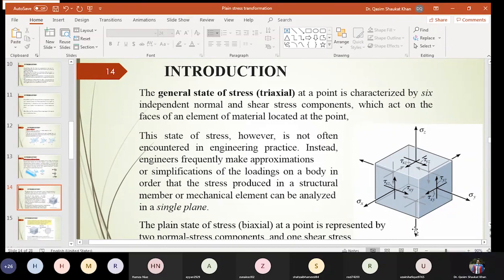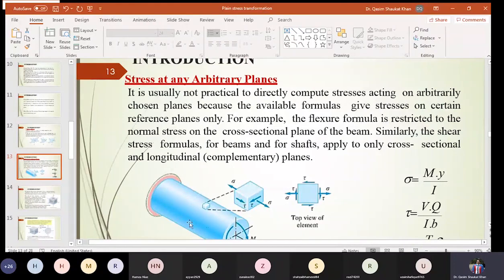Now these stresses on three faces are reduced to three normal stresses and three shear stresses. So if you can find three normal stresses and three shear stresses, you can analyze the whole of this element. Is this point clear to you guys?